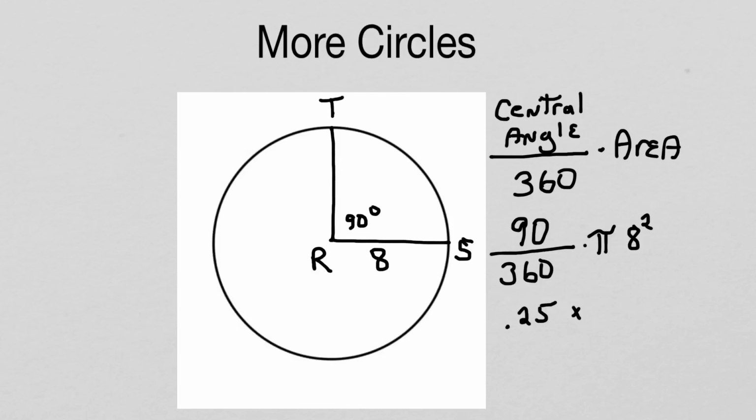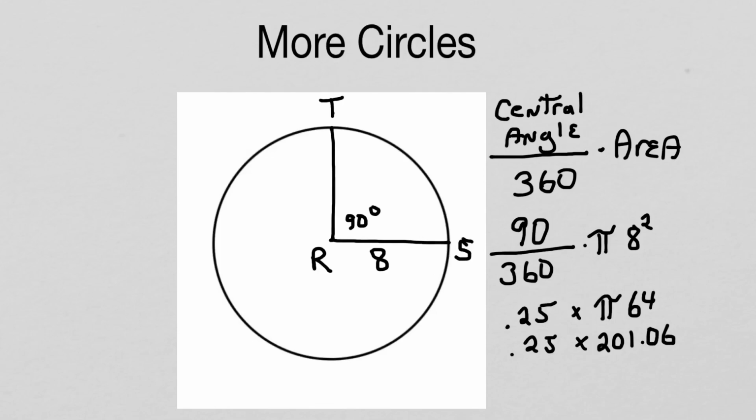So you're going to have pi, 8 times 8 is 64. Bring this down again, 0.25 times, you can put this straight into your calculator. Pi times 64 is going to give you 201.06.